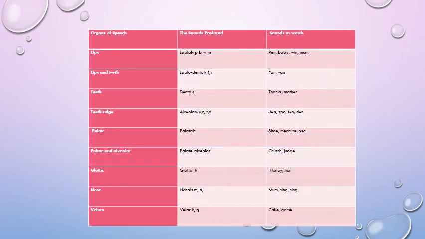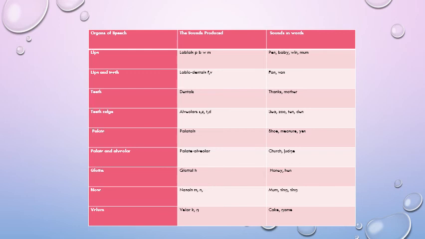So now we have seen that we have lips, then the teeth ridge, palate and the alveolar, then the glottis, the nose, the velar. All these parts are used for producing speech sound. Okay.